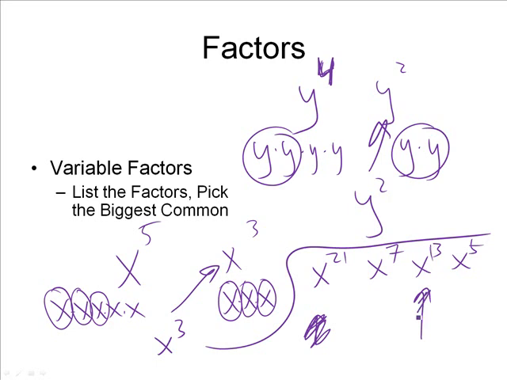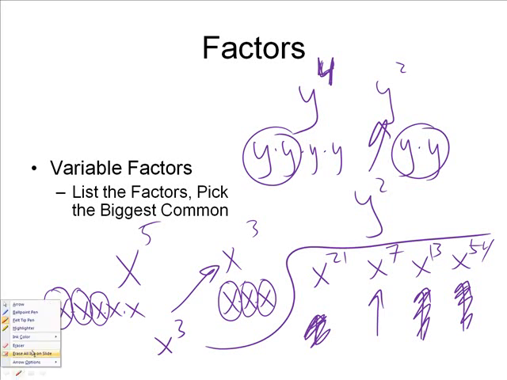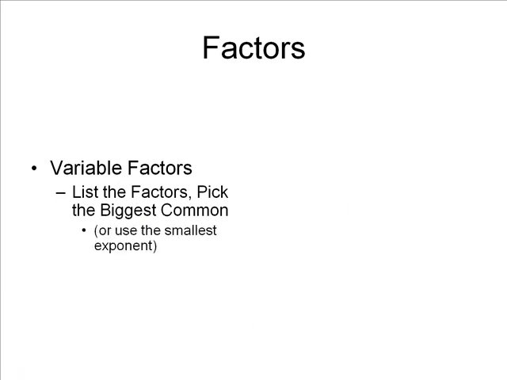If I make that x to the 13th, the greatest common factor is now going to be x to the 5th. If it's x to the 54th, then the greatest common factor becomes x to the 7th. It's always, always, always going to be whatever has the smallest variable, the smallest exponent. So we can use that as the means of picking the greatest common factor among variables, just whatever variable has the smallest exponent.